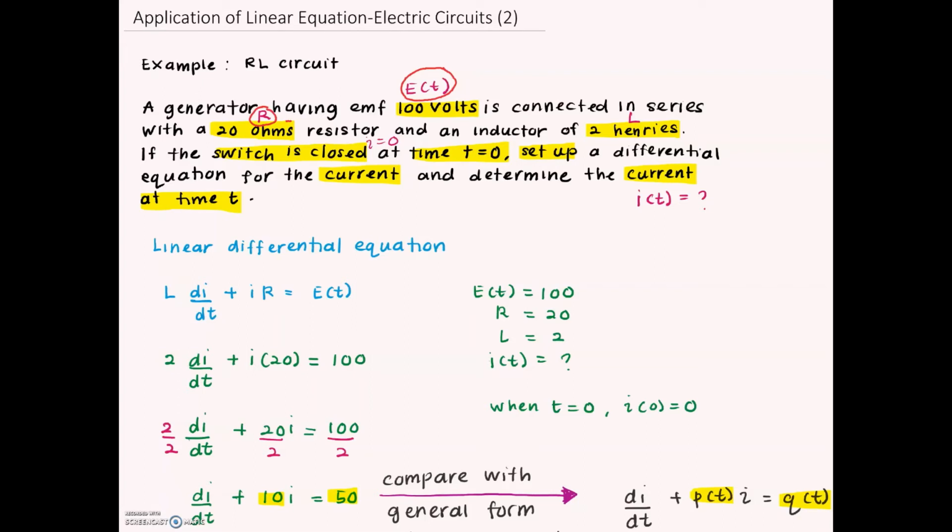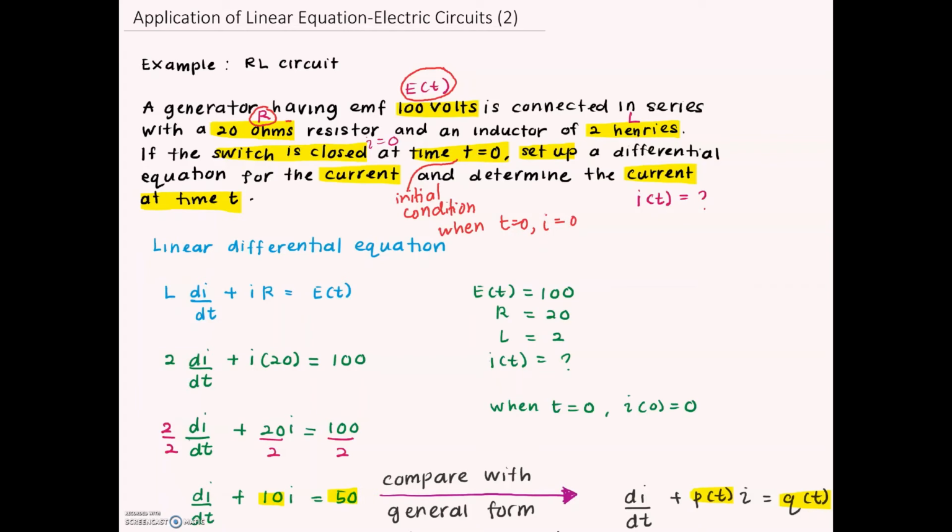At time t equals 0 the switch is closed, meaning the initial condition is I equals 0. So your initial condition: when t equals 0, I equals 0.